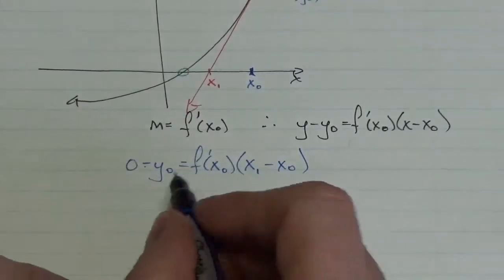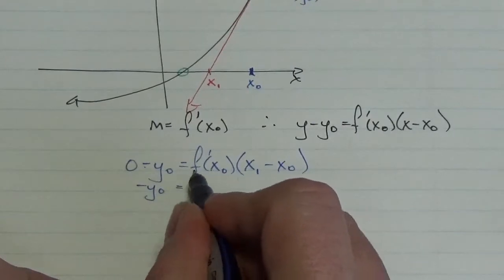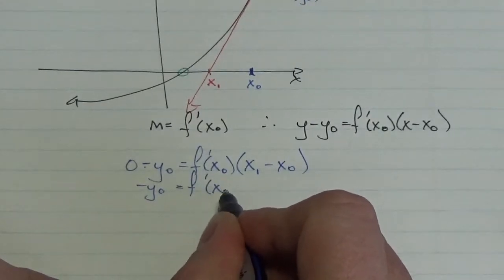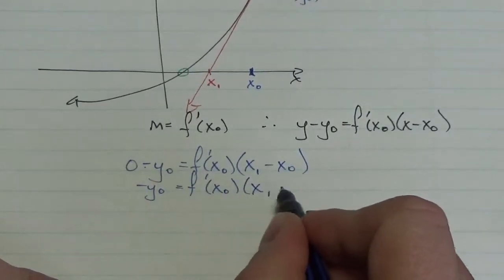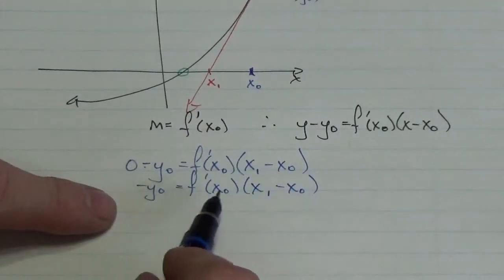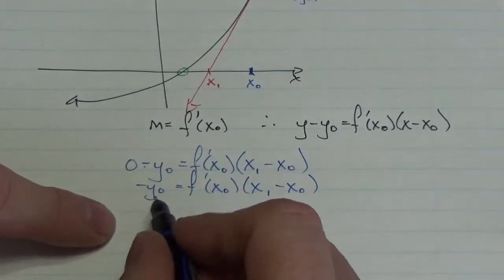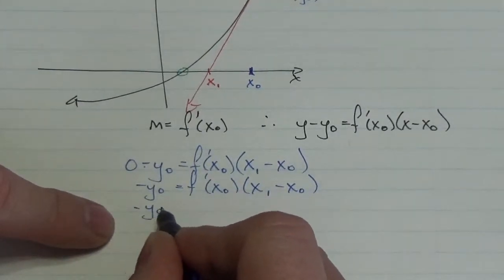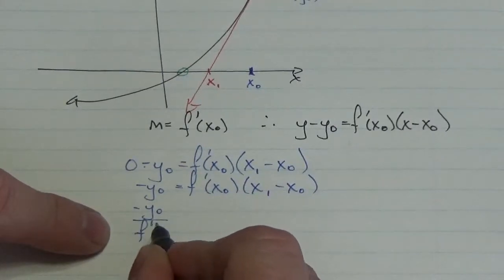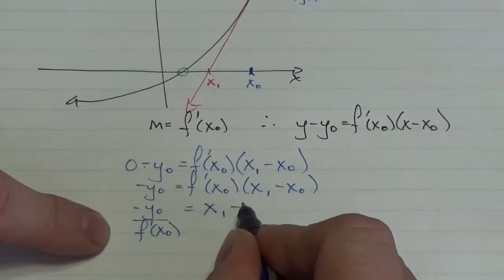So this is going to end up being negative y naught equal to f prime at x naught, times x1 minus x naught. I'd like an expression for x1, so I'm going to divide both sides by my derivative. That becomes negative y naught over f prime at x naught, and it's going to equal x1 minus x naught.